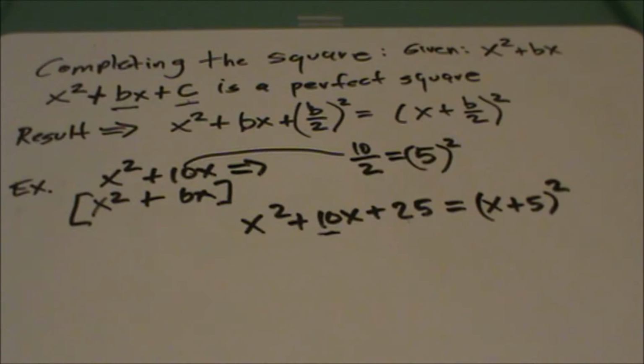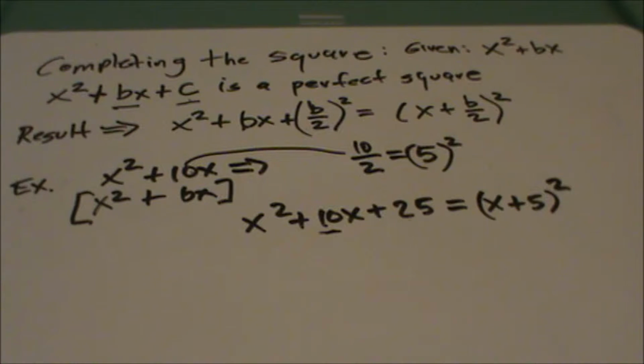Okay, now that we demonstrated examples of completing the square in its x squared plus b form, I want to show you a few examples with x squared plus bx equals d. That means, what if you have another value already involved with your expression? I'll demonstrate.